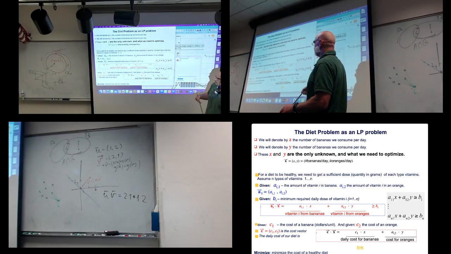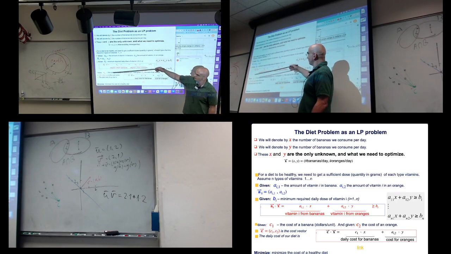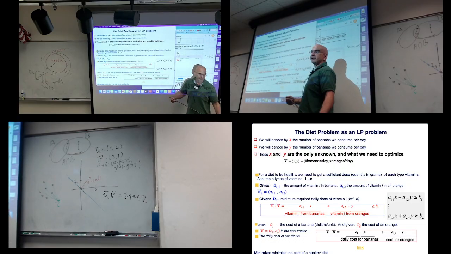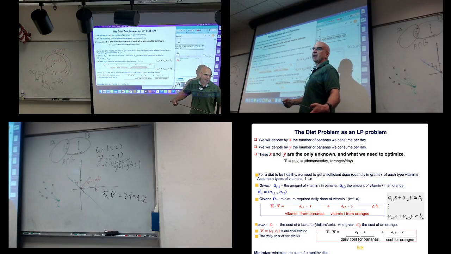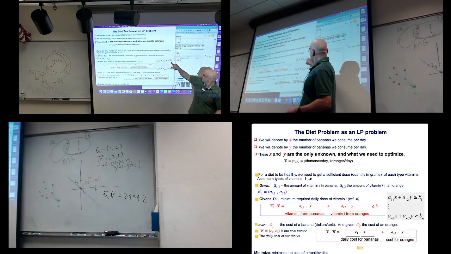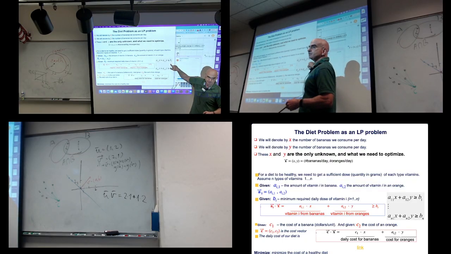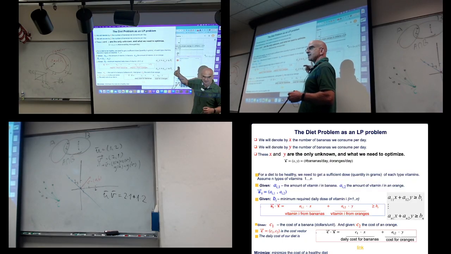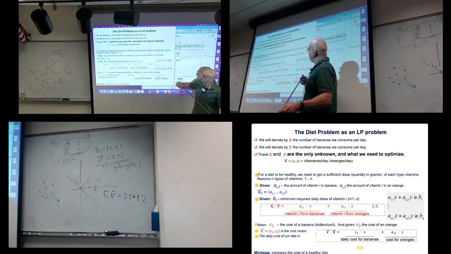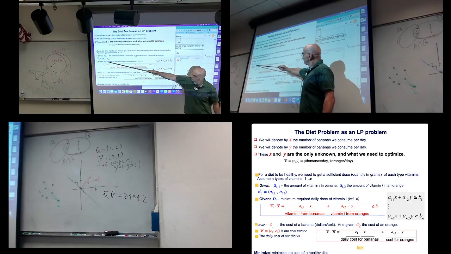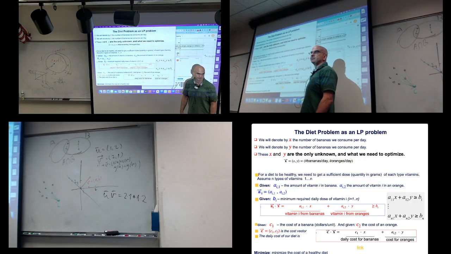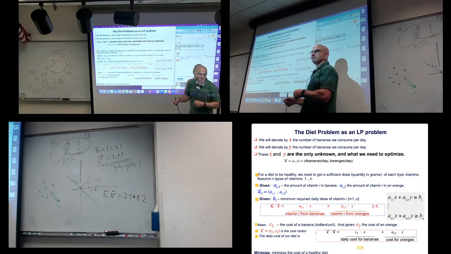The same source of information also tells me, for every vitamin 1, 2, 3, 4, what B of I is: how many units I need per day to be healthy, which I can get possibly only from oranges, only from bananas, or some combination of them.